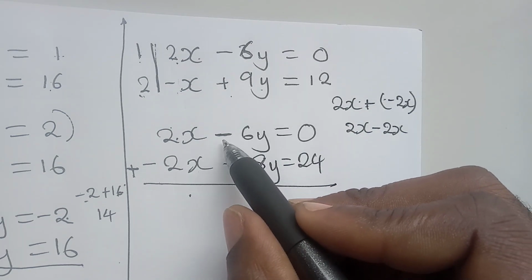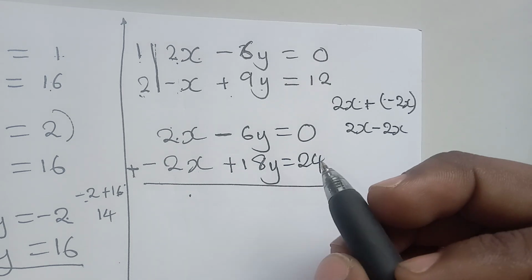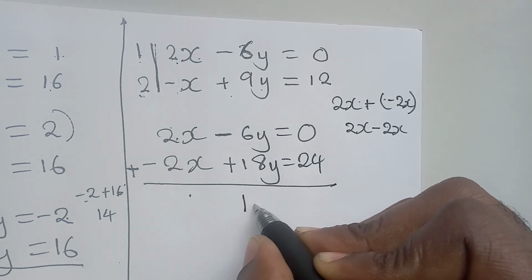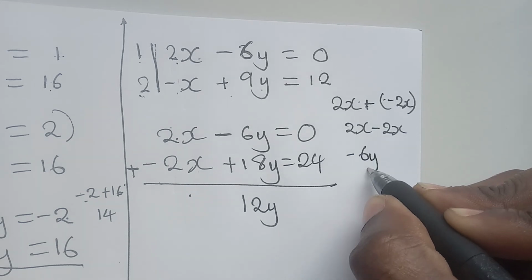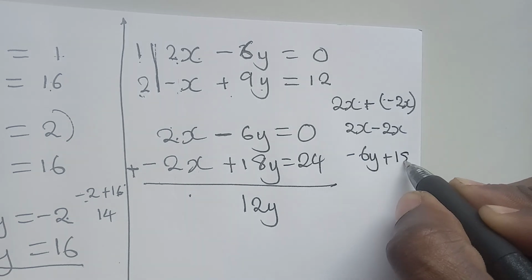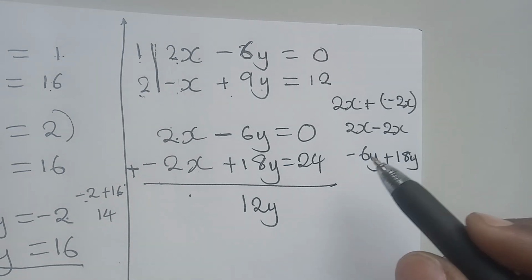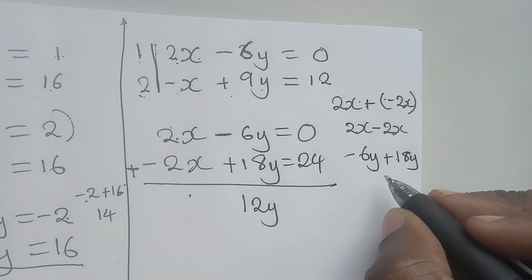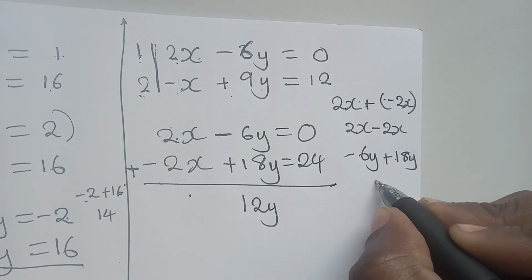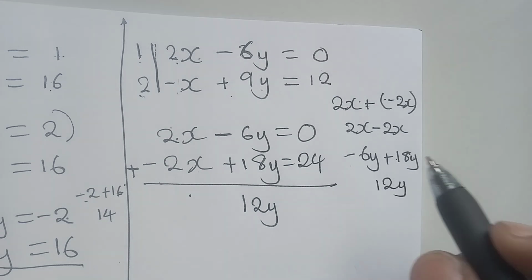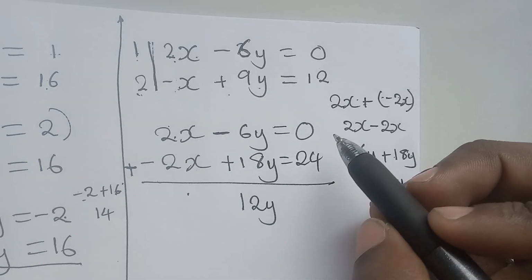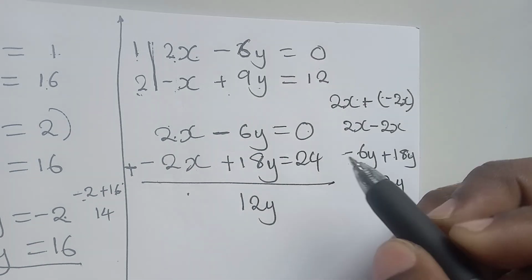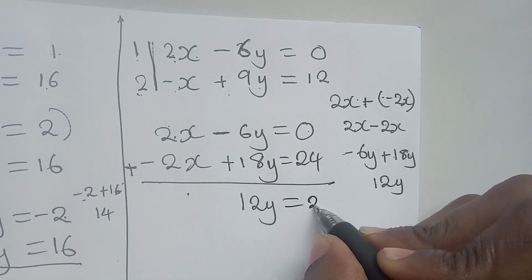And then you have negative 6y plus 18y, so this one will be a 12y. Remember, negative 6y plus positive 18y. We have different signs here, so you can just subtract and get the sign from the bigger number, which is 18. And then we have 0 plus 24, which is 24.